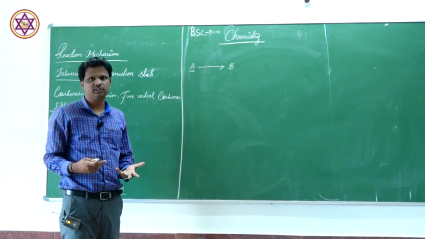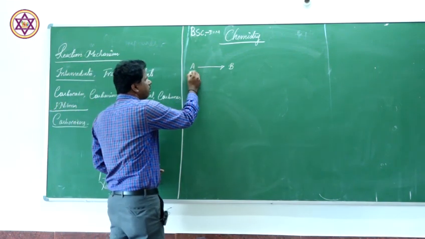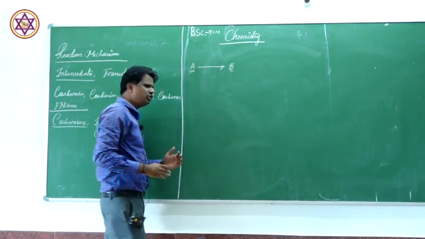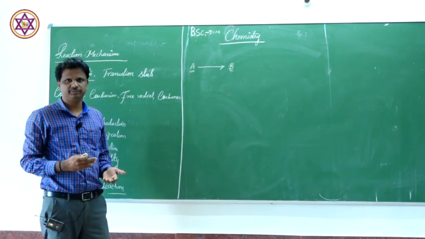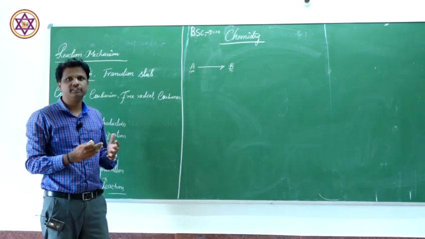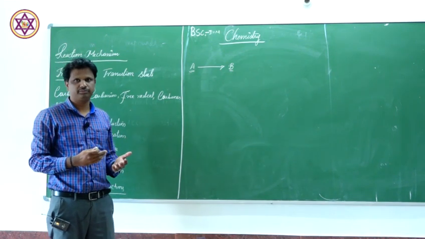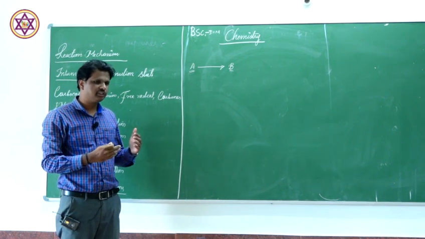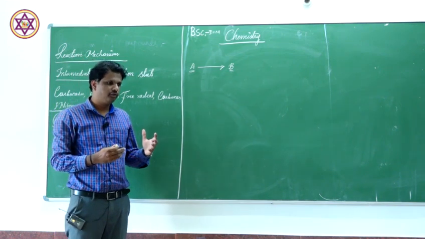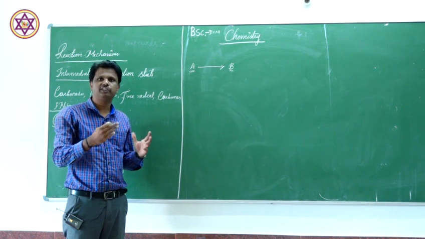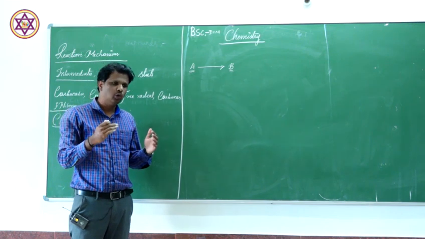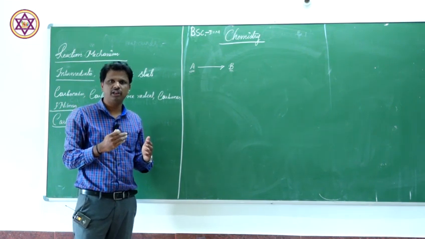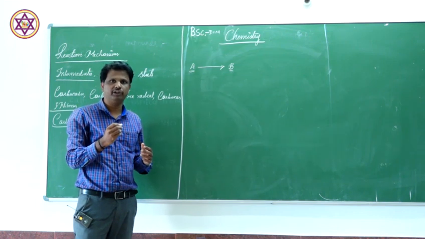In an organic reaction, this A converts into B passing through some intermediate stage. That stage is what we call intermediates. These reaction intermediates are formed in between the reactants and products, and they have the lowest free energy, that means free energy minima. That is how we understand it.